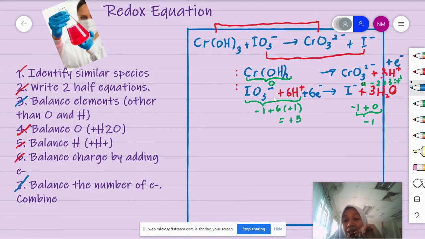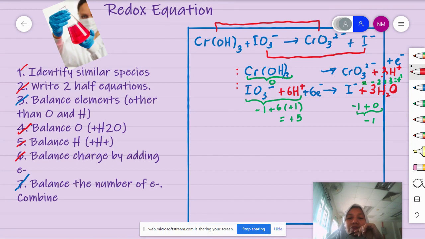How do we balance the number? Yes, correct. Times 6. So this one is 6, this becomes 18, and this one becomes 6.